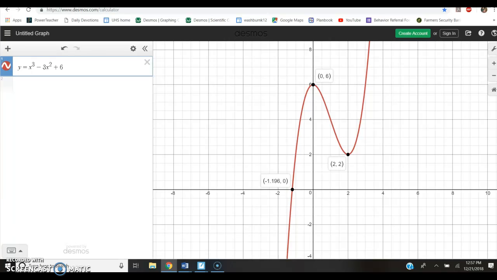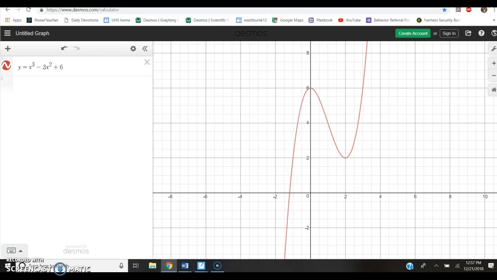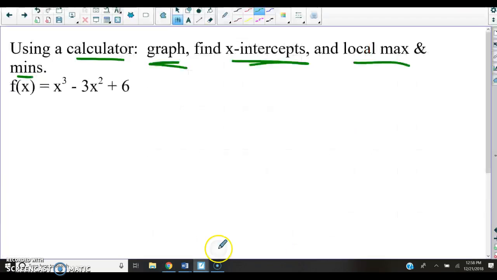Now some people want the minimum to be the minimum height, so it'd be a 2. They wouldn't talk about it being the point, they would talk about the other. So notice it has only one x-intercept, one max, and one min. Notice the 2 turning points, and that's what they're showing you. The turning points are the max and min.